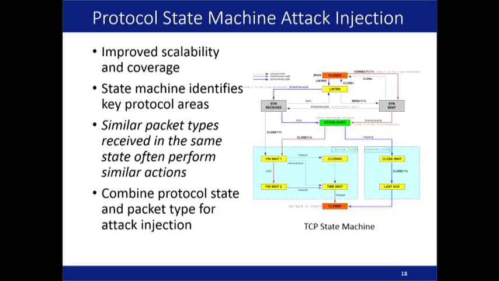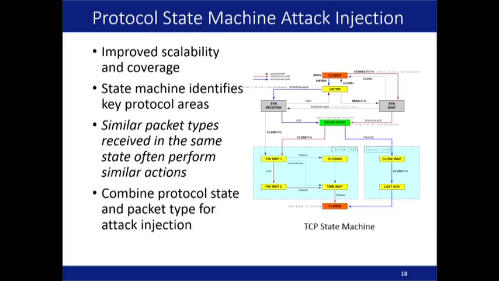So the top several states are the connection establishment phase that I mentioned. The established state in green in this figure is the data transfer phase, and then the bottom several states are the connection termination phase.